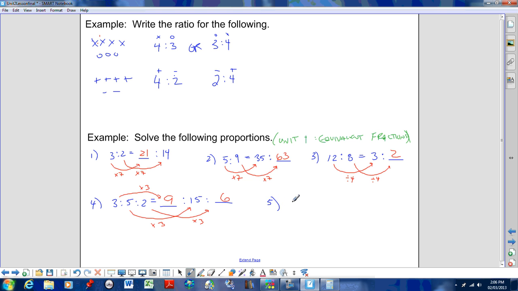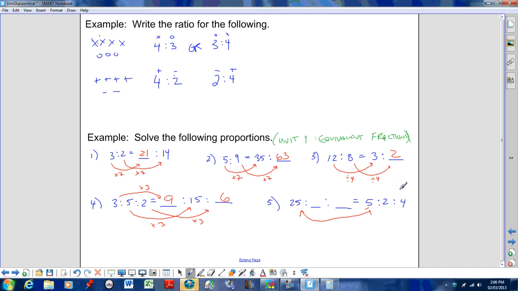Now, if we have, let's go with 25 to blank to blank equals 5 to 2 to 4, the proportion's kind of been reversed. We're still matching up those first terms. When we match up those first terms, we see that we're going to go in the opposite direction because the unknowns are in this direction.